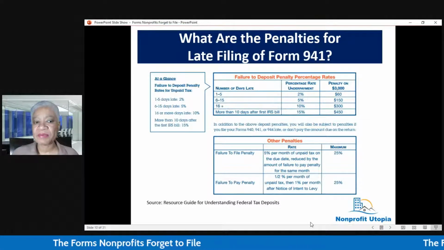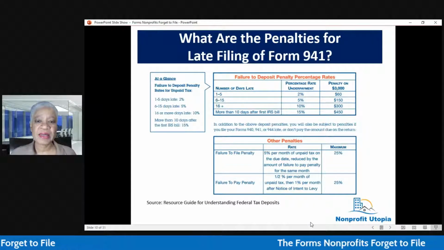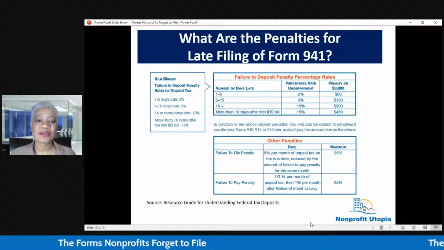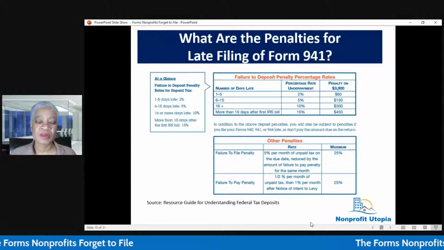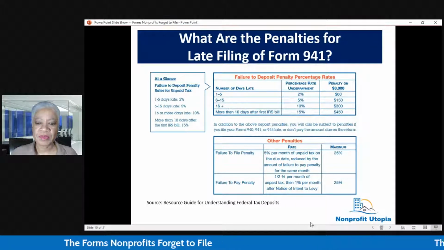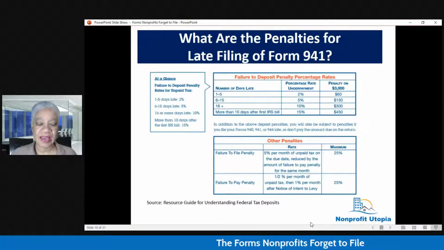Sometimes they can do that because they've managed to set aside the money, but in most cases they have not taken the time to set the money aside, and when those taxes are due, they don't have money to pay, right? And that's what sets the ball rolling. And again, people have lost their businesses because they did not pay the taxes.